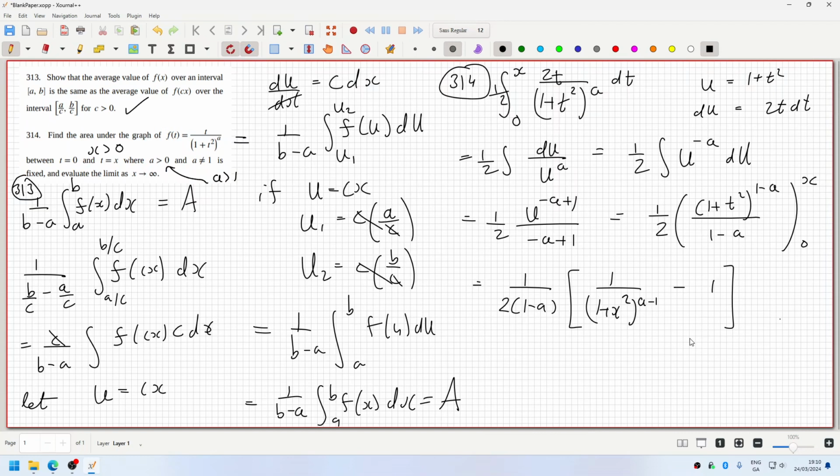Because the limit then, if x goes to infinity, you see this would vanish. Yeah, and you see if a is more than 1, that would make this negative times a negative, which is positive. So then the limit would be 1 over 2 times (a minus 1). So I think it should say a is more than 1, and it should also say x is more than 0.